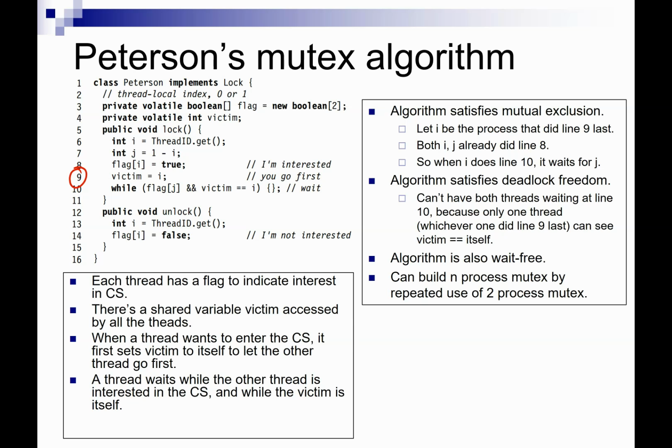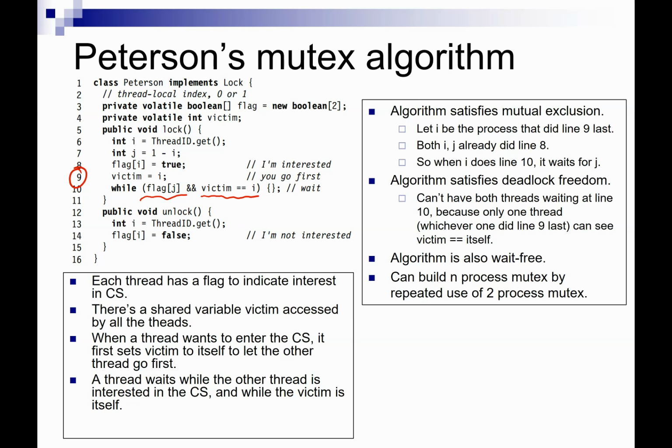Since I does 9 last, the final value of victim is going to be equal to I. Plus, since the other guy J has set his flag, when I gets to line 10, he's going to have both conditions satisfied. So he's going to wait at line 10 for the other process. So definitely I is not also going to go into the critical section. We cannot have both processes in the critical section, so we have mutual exclusion.